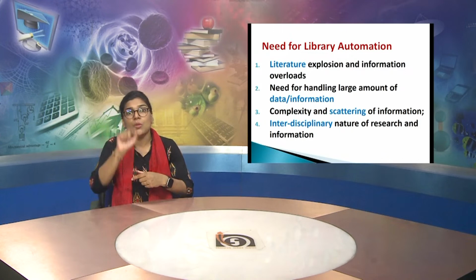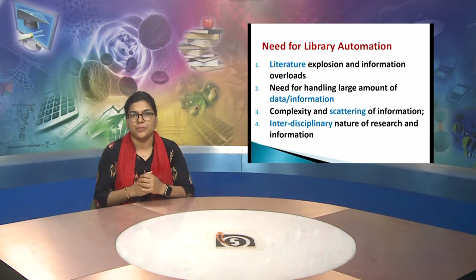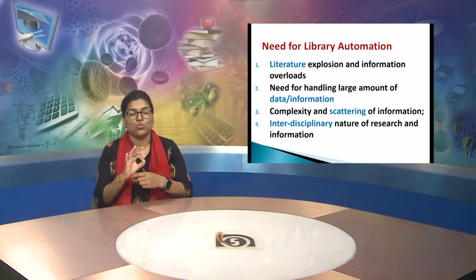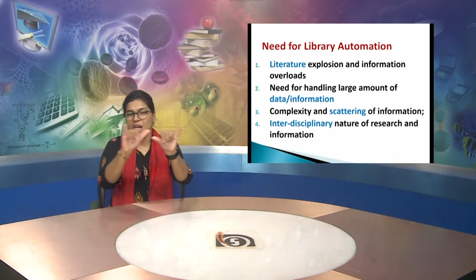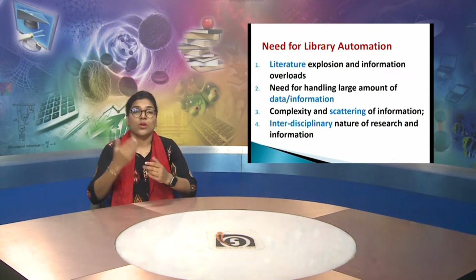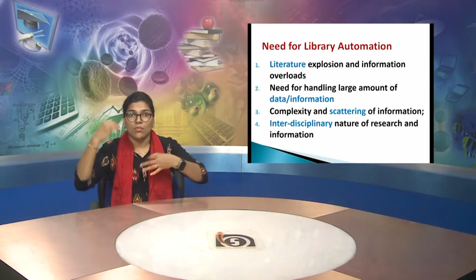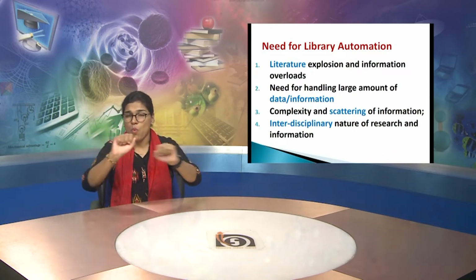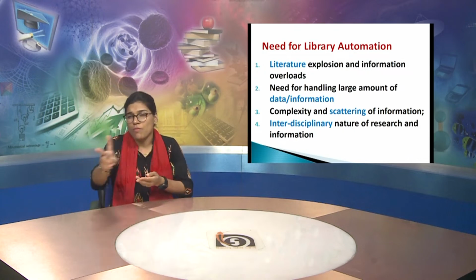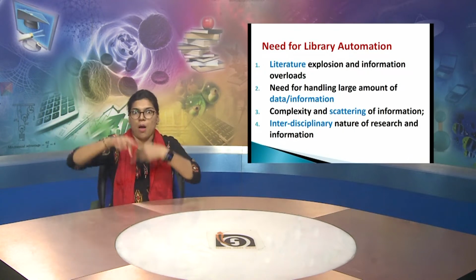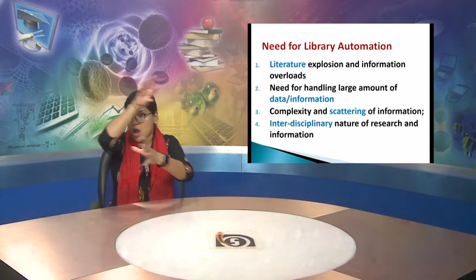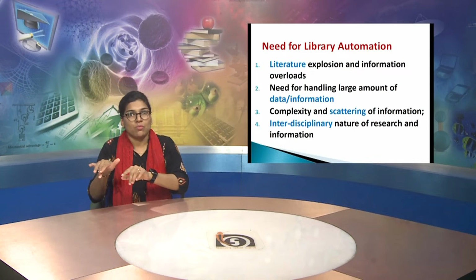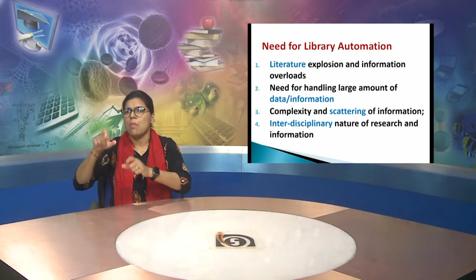So let us now understand the need for library automation. We will understand it in points. So point number 1, literature explosion and information overloads. So this created the need for library automation. Also, there is a need for handling large amount of data information.